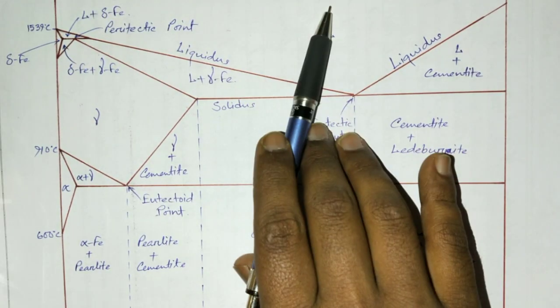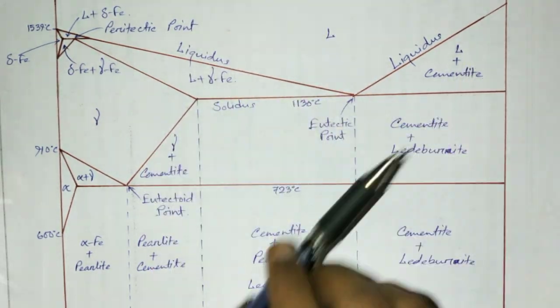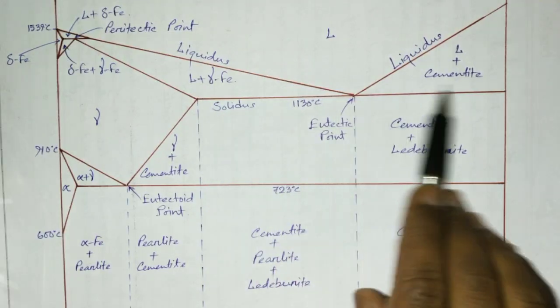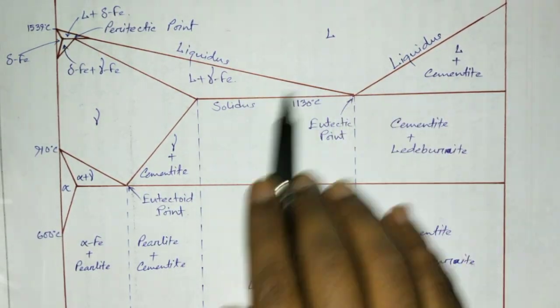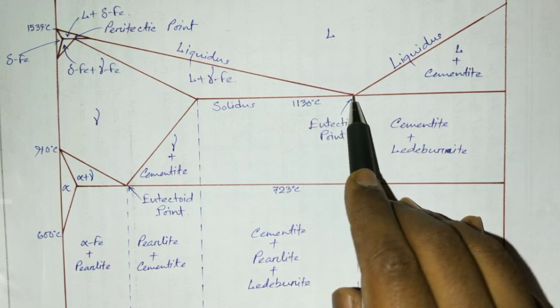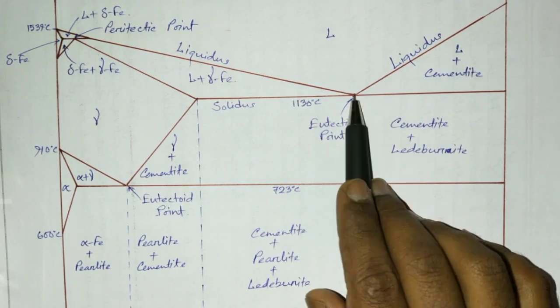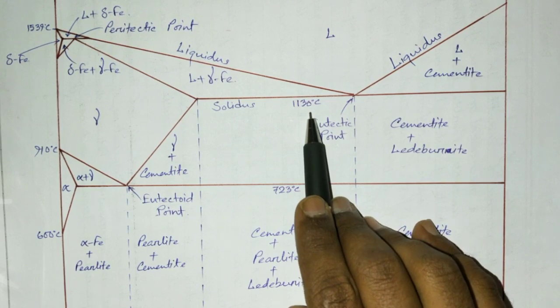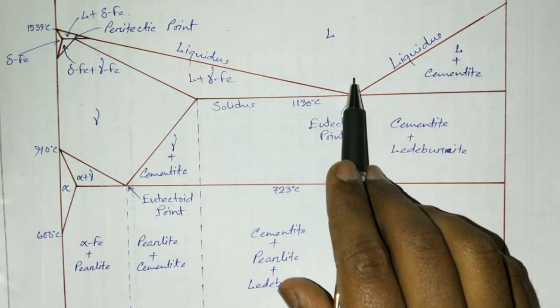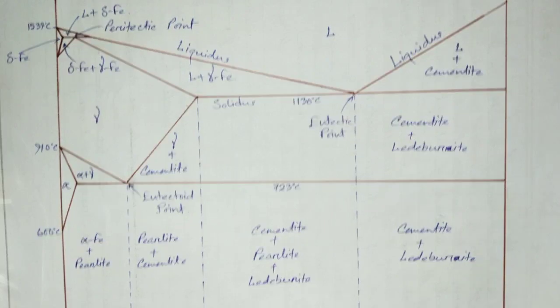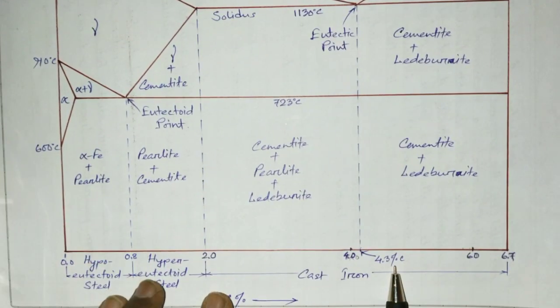The liquid is separated by the liquidus line, and this is the solidus line stated over here, and the solidus line and the liquidus line meet at a point which is called the eutectic point. The eutectic temperature is 1130 degrees centigrade, and the eutectic composition is 4.3%. Here you can see 4.3% of carbon.